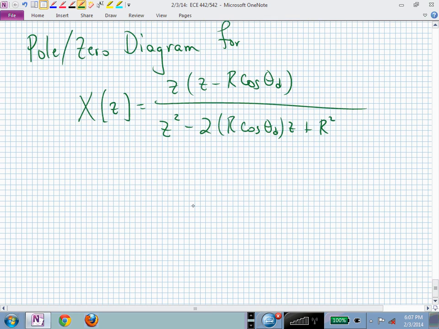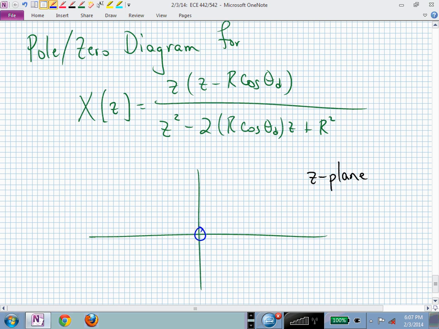We actually end up with in the z-plane, I'll do the easy part. We get a 0 right at the origin. We also get a 0 at a distance over here of r cosine of theta sub d.